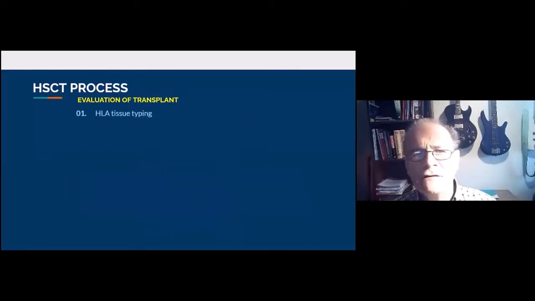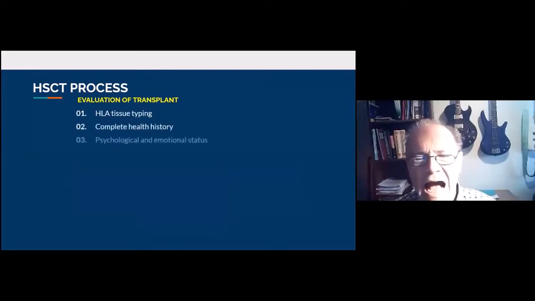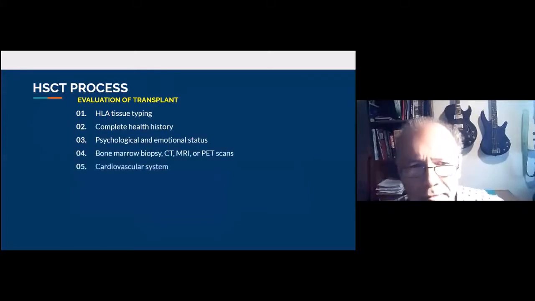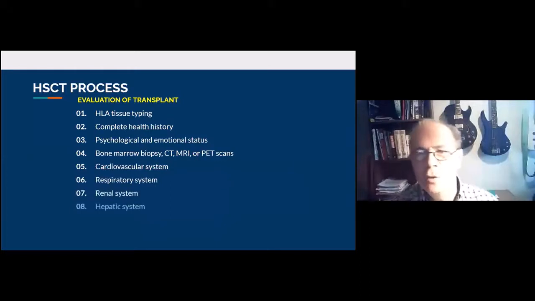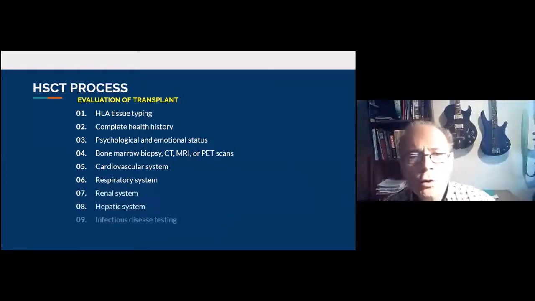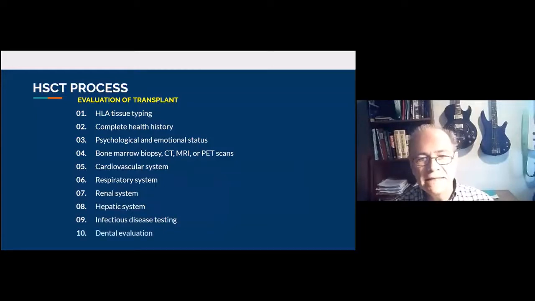The evaluation of transplants includes HLA tissue typing, a complete health history, psychological and emotional status, bone marrow biopsy, CT, MRI, or PET scan to know potential minimal residual disease, and to know about the cardiovascular, respiratory, renal, and hepatic systems. Don't forget infectious disease testing and, very important, dental evaluation.